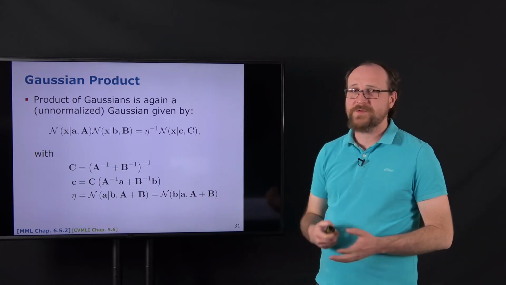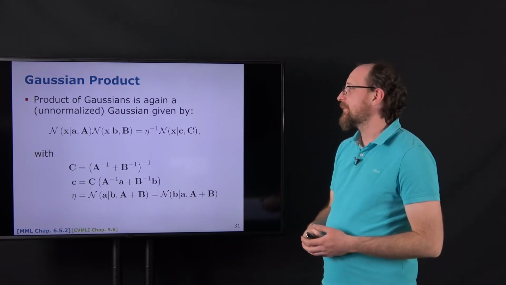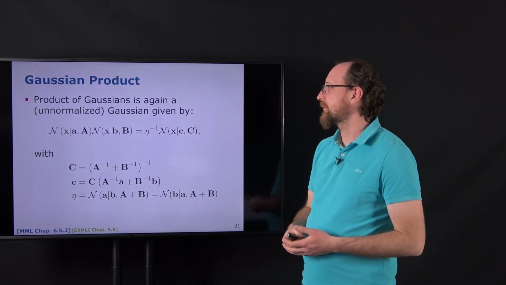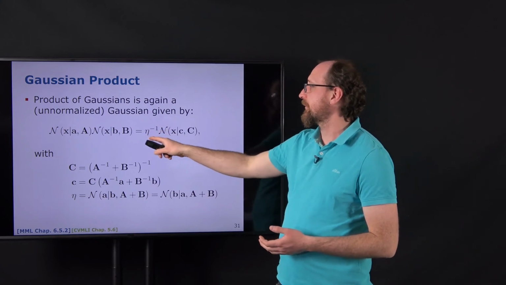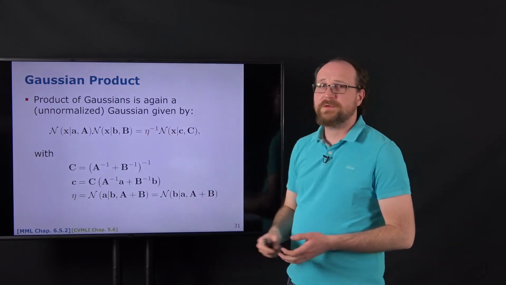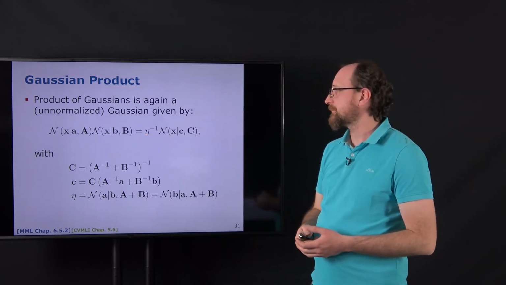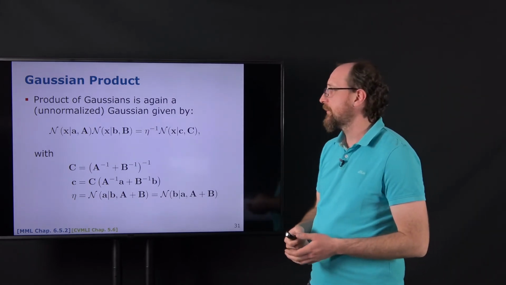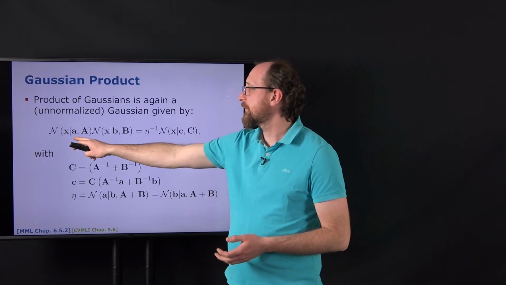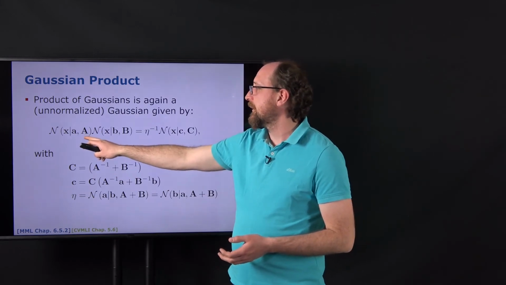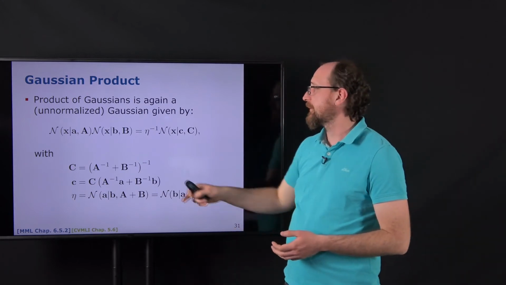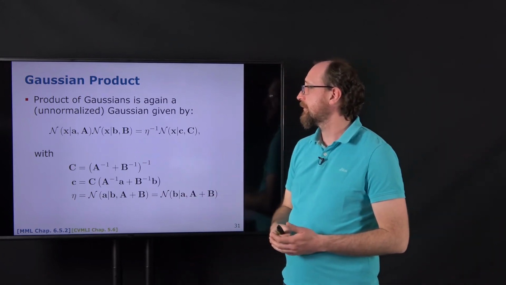The product of Gaussians turns out to be a Gaussian again, an unnormalized Gaussian, because there is an additional term that comes in front. We have two normal distributions, one with mean a and covariance capital A, and the other with mean b and covariance capital B.